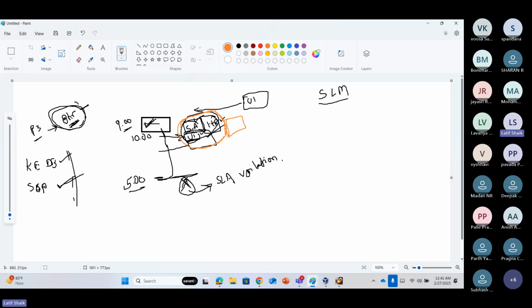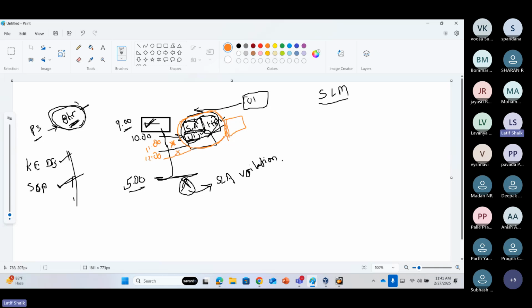It will take time. You waited until 11 o'clock, and still there is no response from the other team. At 12 o'clock, again you ping the team: please do this task and give me the information. 12 o'clock completed, no response.